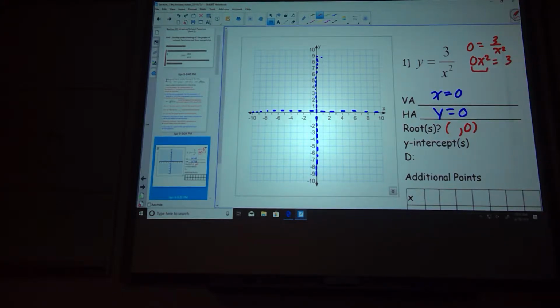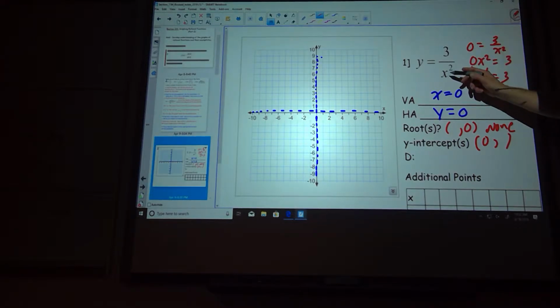And even my kids in Algebra 1 are nailing that, saying that means 0 equals 3, which is the best kept secret in math. We had no idea. Anytime I have a 0, I can plug a 3 in. So there aren't any. Y-intercepts, same idea. If I plug 0 in for my x value, I'd get undefined. So there's no intercepts there.